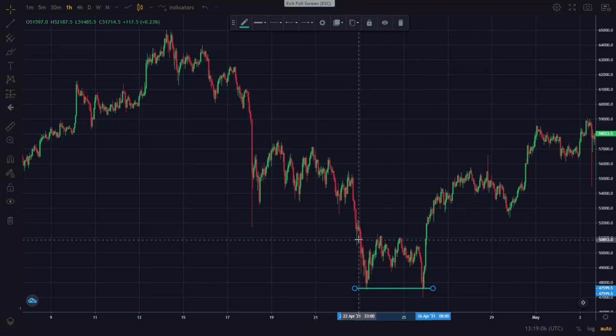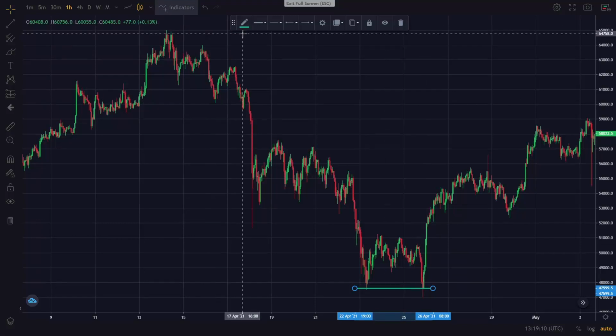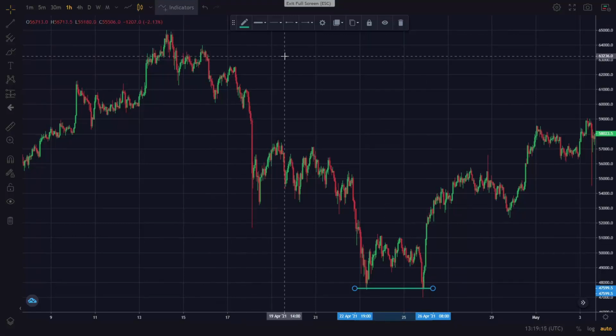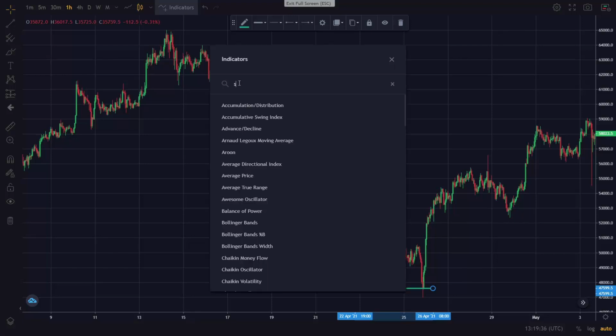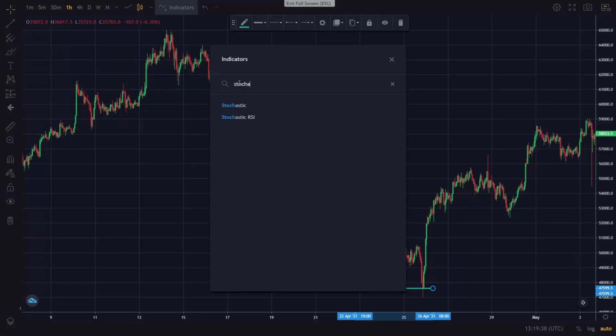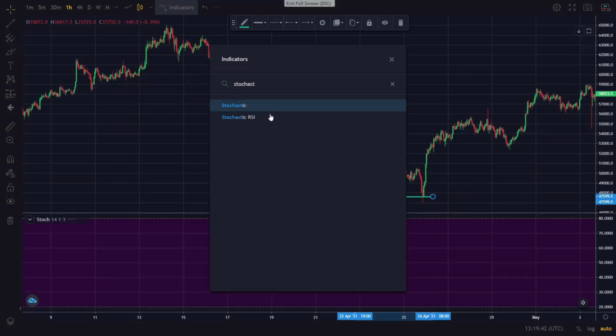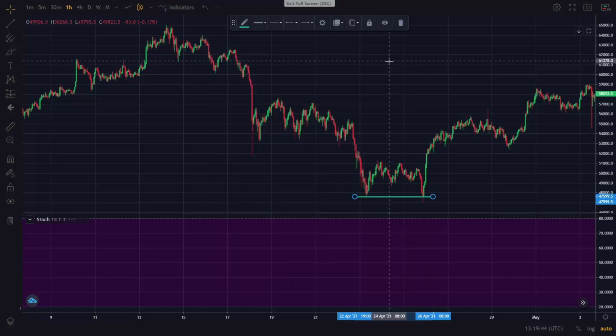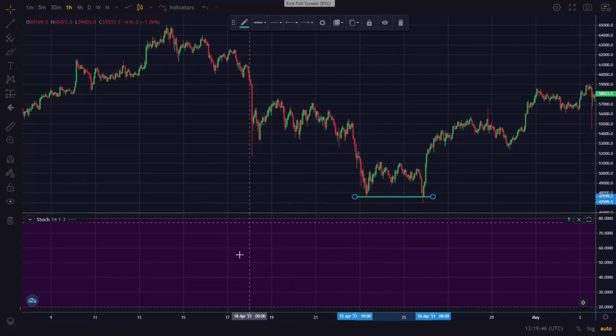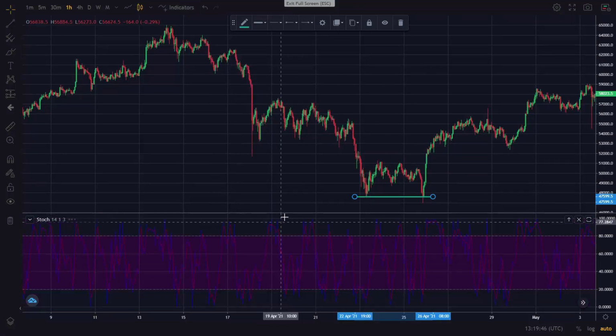We are also going to bring in a certain indicator known as the stochastic, which will show us overbought and oversold zones. Once you come to your indicators, type in stochastic, and here it is. It will appear at the bottom of the chart, below the chart in this area.